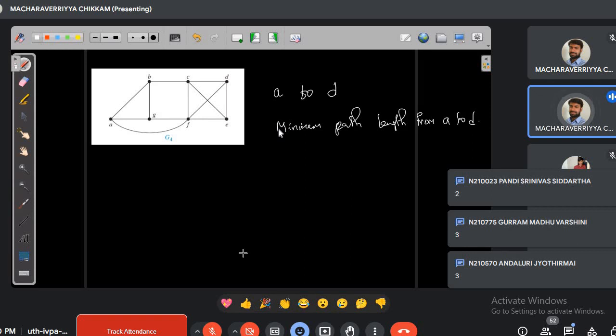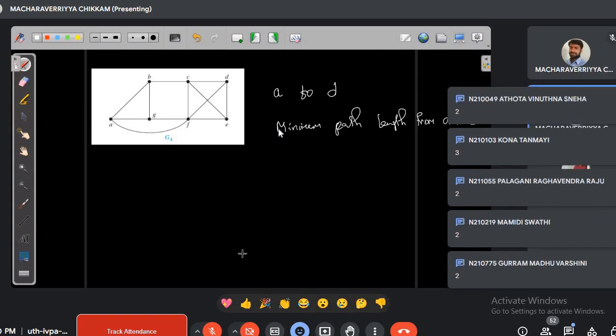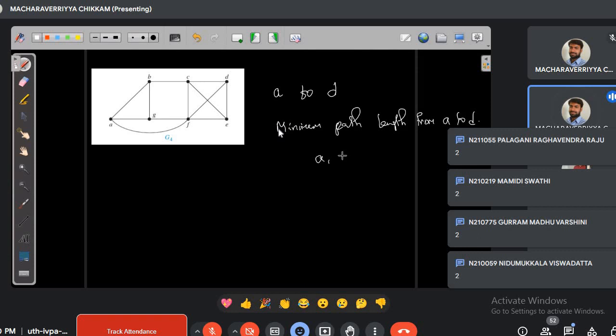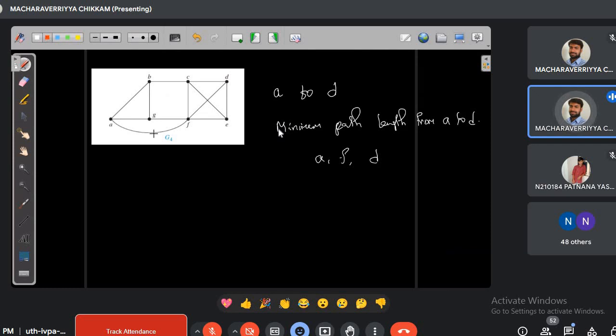Some are saying 2, some are saying 3. It is 2, no, because you can go from A to F and then F to D. Only 2 edges you need to move on. This is 1 and this is 1. That's it. Okay, so the minimum path length is 2.